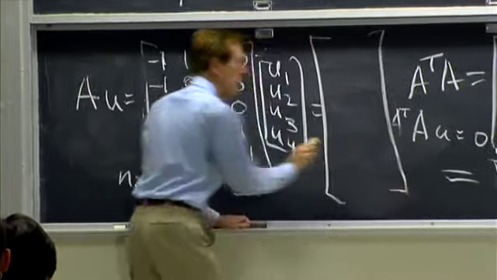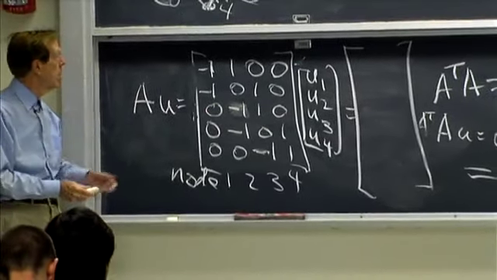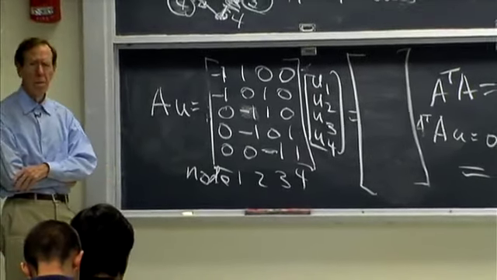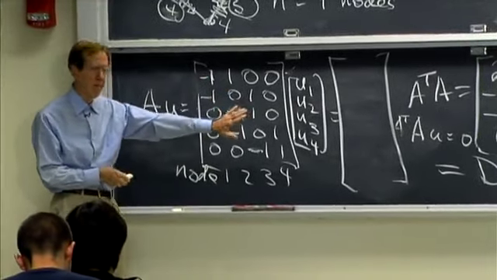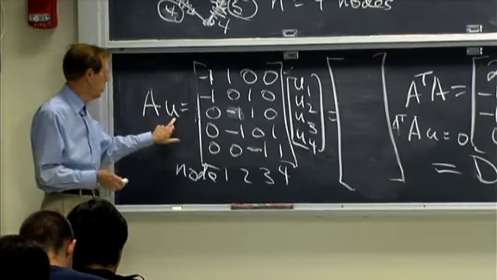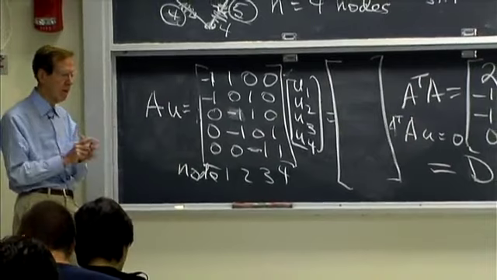This is the great thing about matrices. They produce something. Of course, AU is going to be 5 by 5. It's going to be associated with edges. U is associated with nodes, AU with edges. The pattern is so nice.